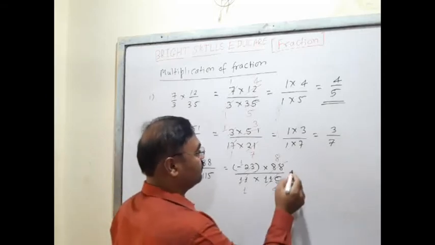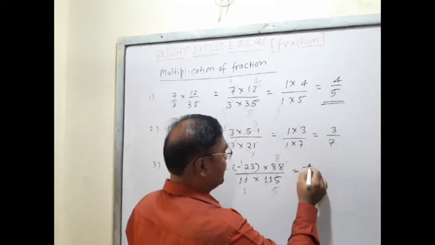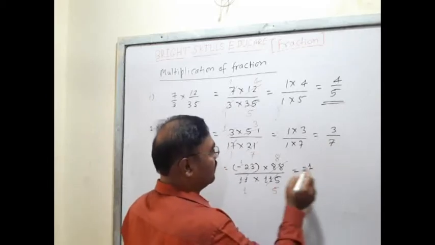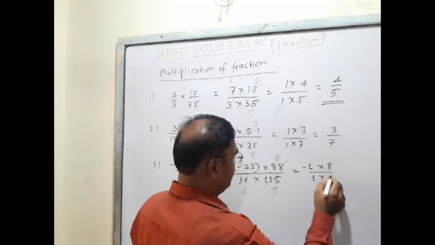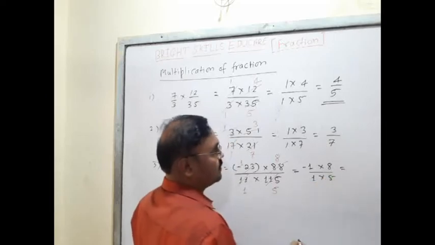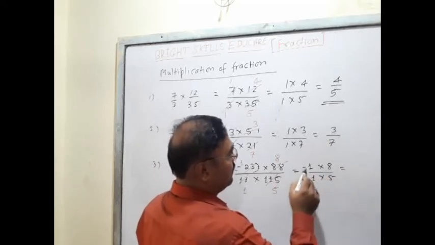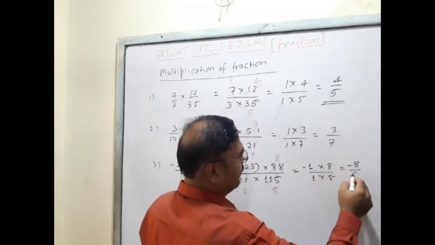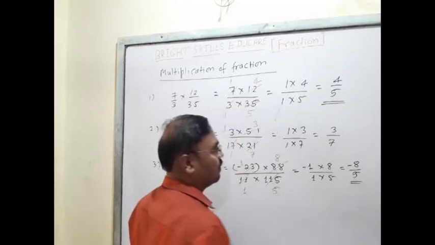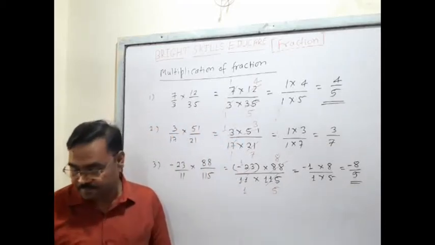So we got minus 1, minus is already here, into 8 upon 1 into 5. That is 8 1s are 8, minus into plus, minus 8 upon 5 1s are 5. Understood that?